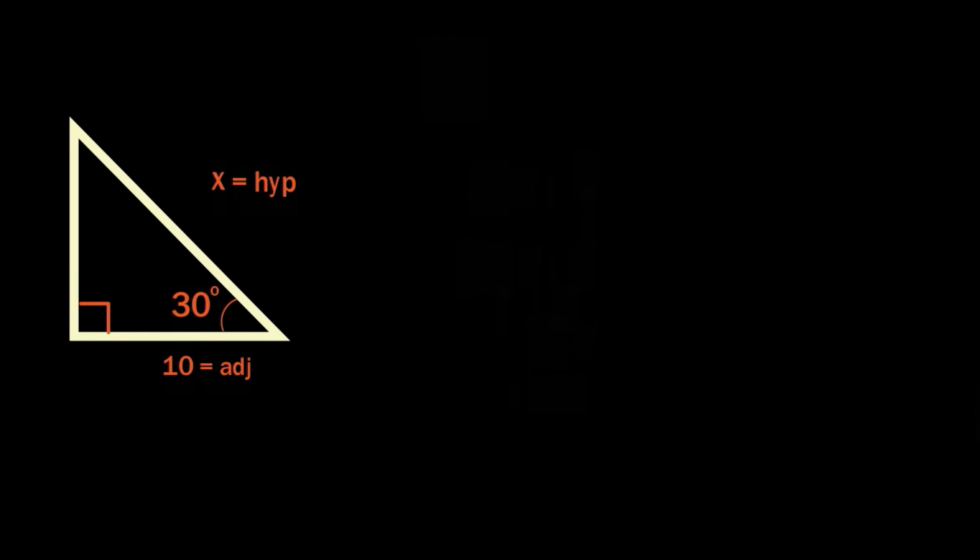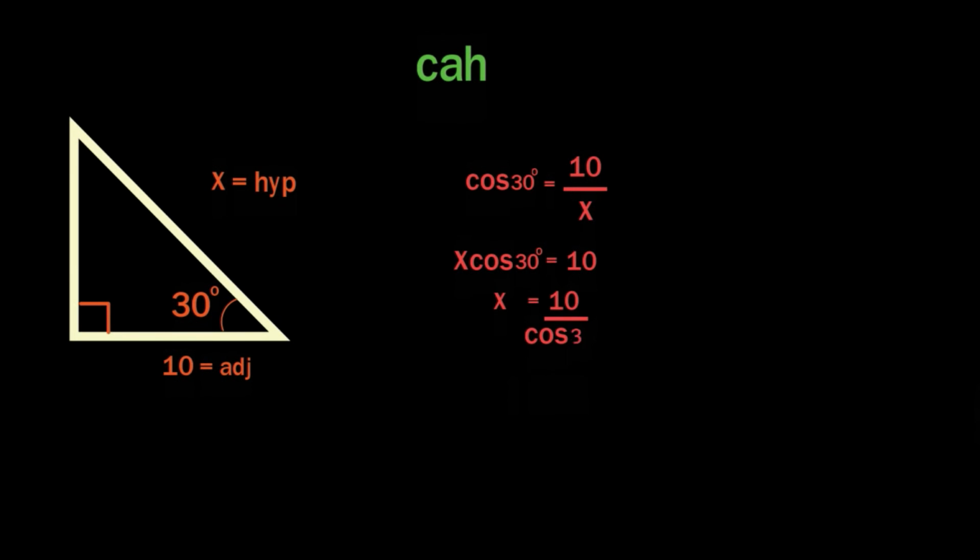So we have H, and we also have A. Which trigonometric function should we use? We should use cosine. So cosine of theta, which is 30 degrees, equals adjacent, 10, over hypotenuse x. Similarly we use cross multiplication, so x equals 10 over cosine 30 degrees.